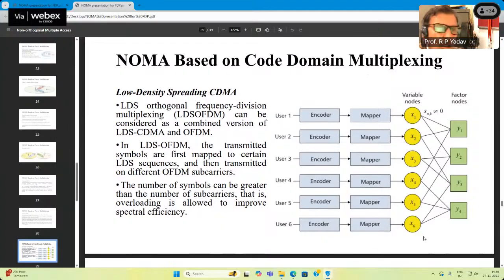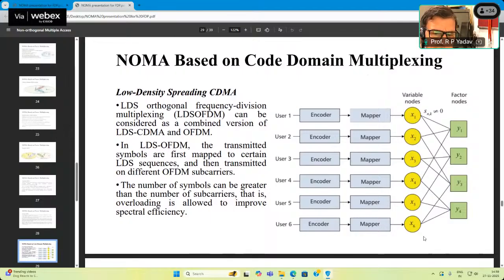LDS-OFDM can be considered as a combined version of LDS-CDMA and OFDM. In LDS-OFDM, the transmitted symbols are first mapped to certain LDS sequences and then transmitted on different OFDM carriers. So, you have the encoders, and then you map the signal to some frequency, and that is transmitted across free space.